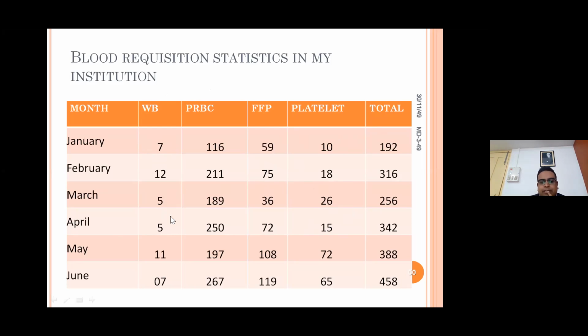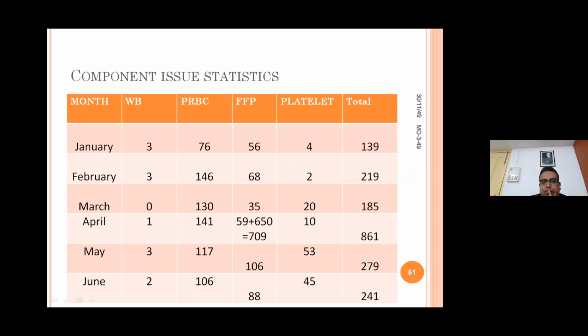Suppose I take the example of the month of March. 256 is the total number of units that were asked for in the month of March. And the components that were actually used in the month of March were 185. So what is the CT ratio for this?